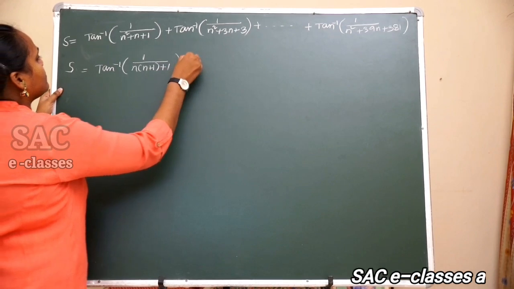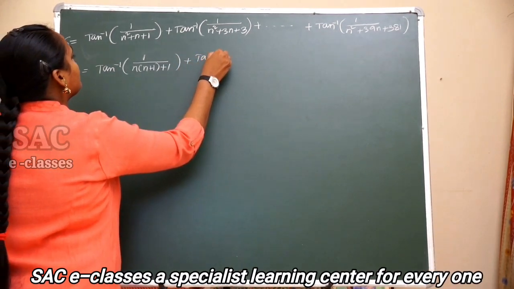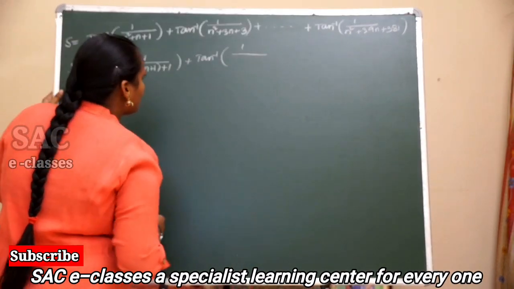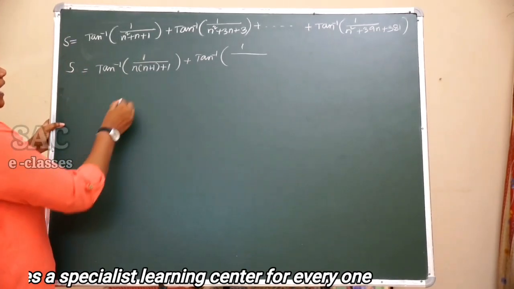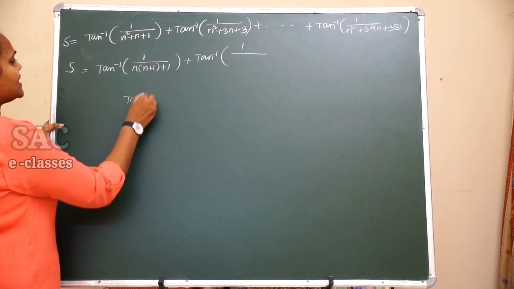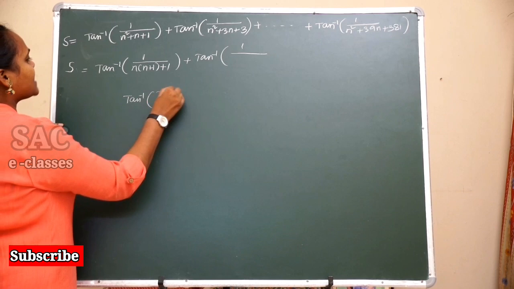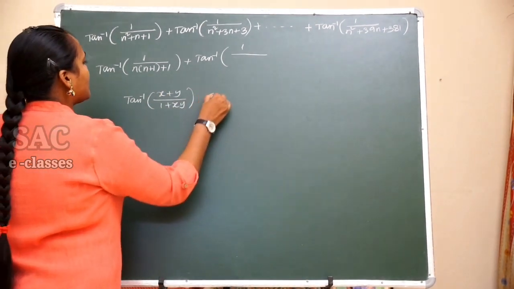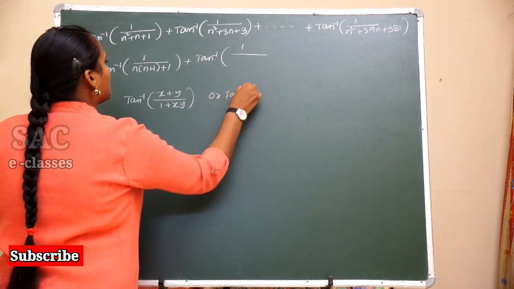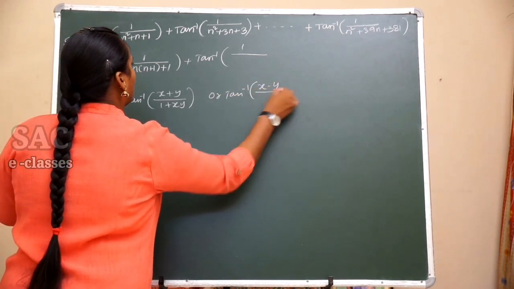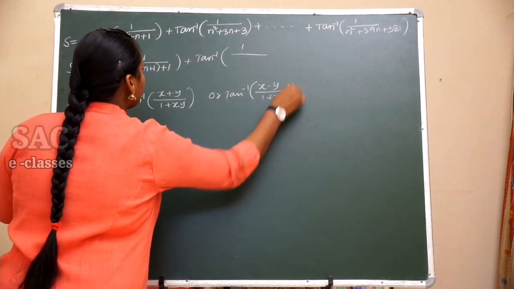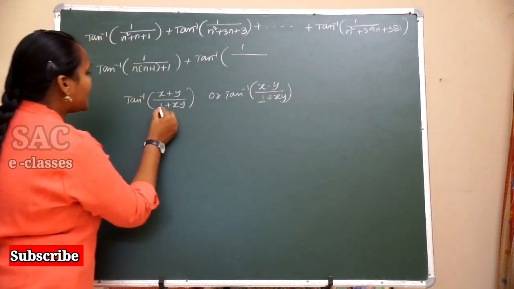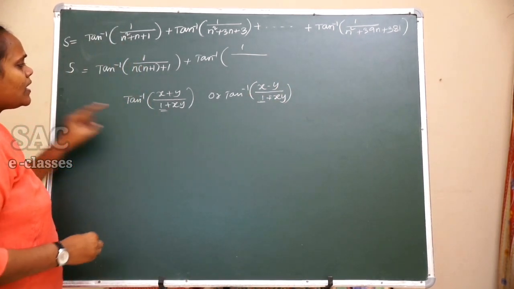What I am trying to do is express it as either tan inverse x plus y by 1 plus xy or tan inverse x minus y by 1 plus xy. That is why I am writing everything in the form of plus here.